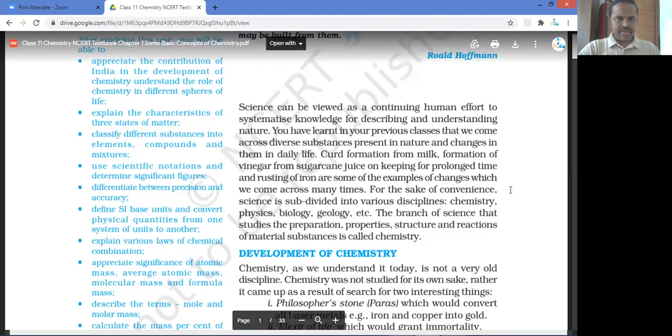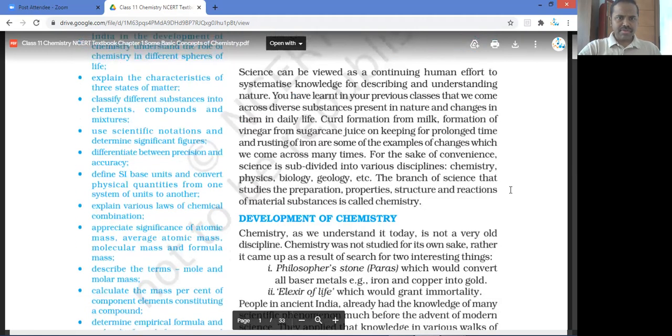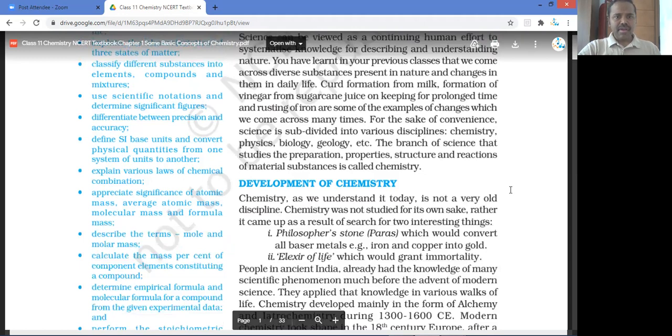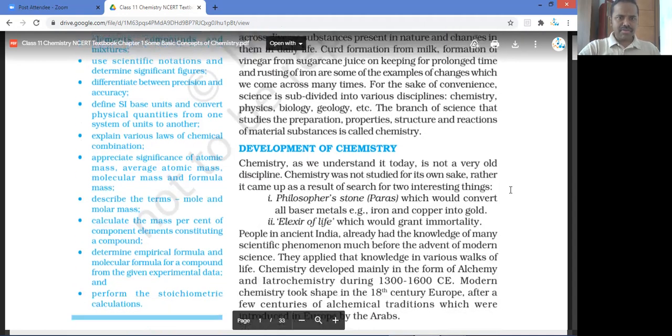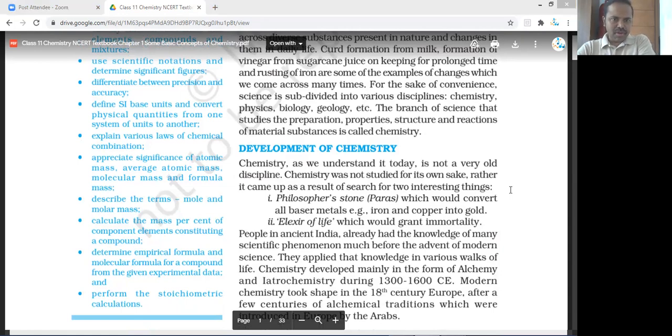Characteristics of three states of matter, and classifying the substances into elements, compounds, mixtures, scientific notations, determining significant figures, and differentiating between precision and accuracy, and standard international base units, and converting physical quantity from one system of units to another, various laws of chemical combination, significance of atomic mass, average atomic mass, molecular mass, formula mass, then the terms mole and molar mass, then the mass percent of a component.